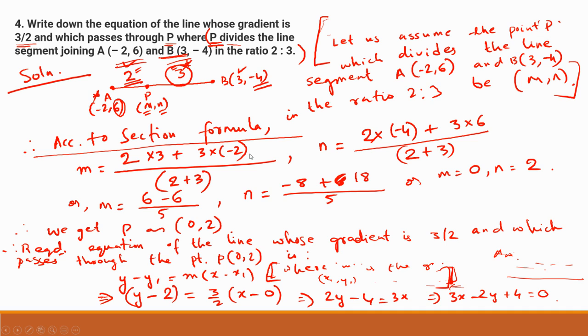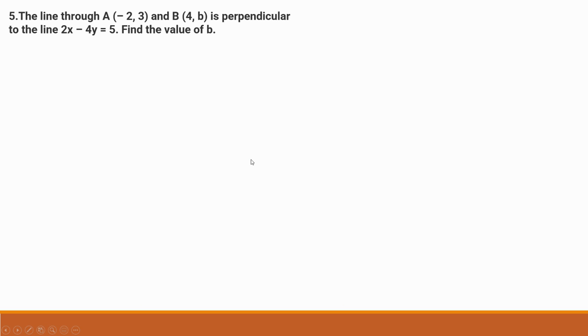Now let's move to the next problem. Similarly, I hope you guys are trying it first. So now let's see the solution. The line through A and B is perpendicular to the line 2x minus 4y equals 5.